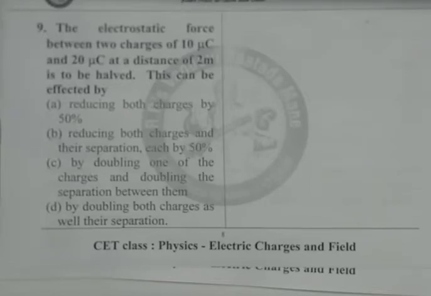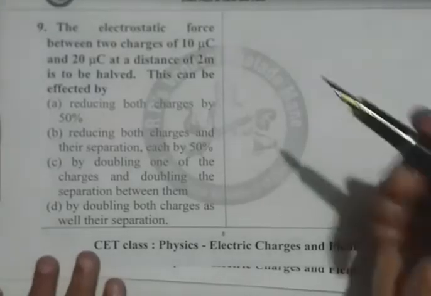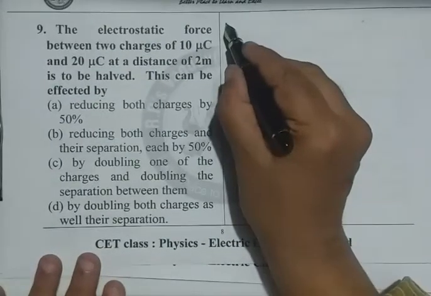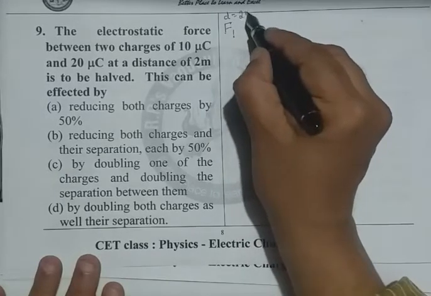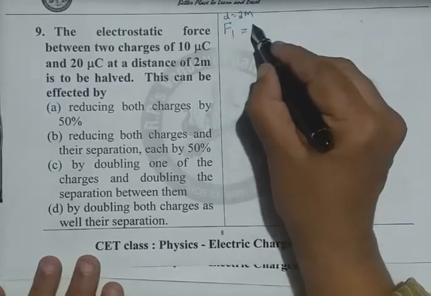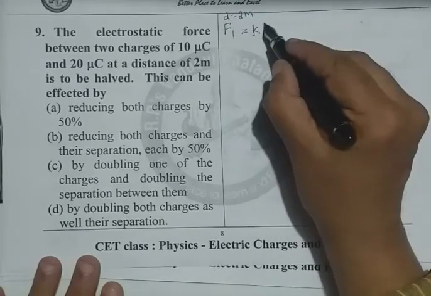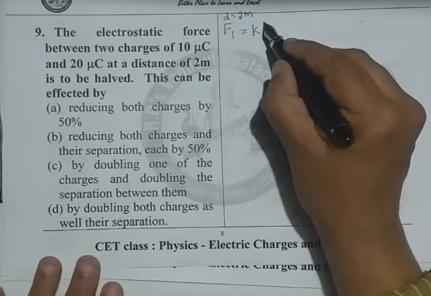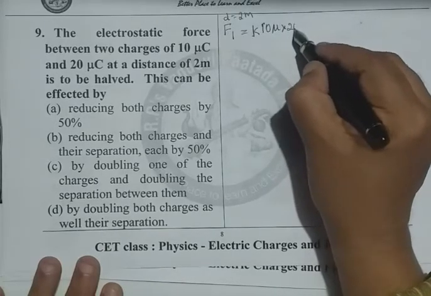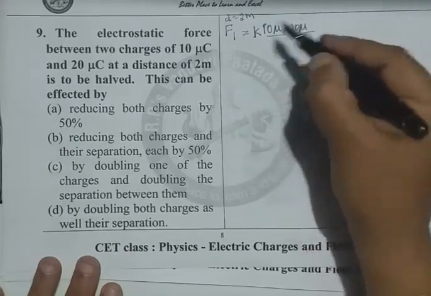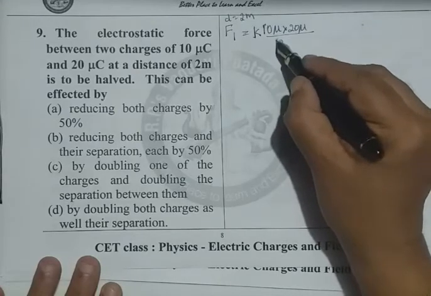First, to simplify our calculation, we calculate F1 when d equals 2 meters. F1 is K Q1, 10 micro into 20 micro, divided by distance squared, 2 squared.